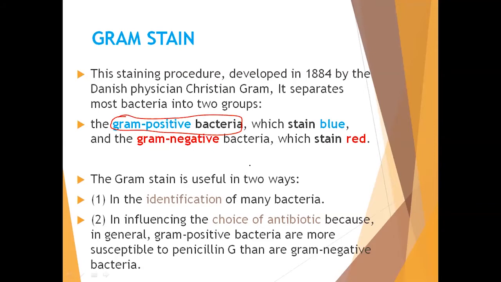The positive group after stain is blue color. And the negative group after the stain is the red color. So that's how we separate them into two groups.